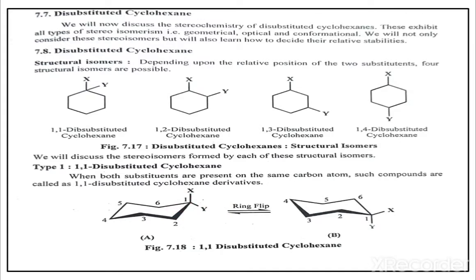Thus, if X is bulkier than Y, then conformation B is more stable than A, because the bulkier group is at the equatorial position. On the other hand, if Y is bulkier than X, then conformation A is more stable than B, because the Y group is at the equatorial position. This is about 1,1 disubstituted cyclohexane.